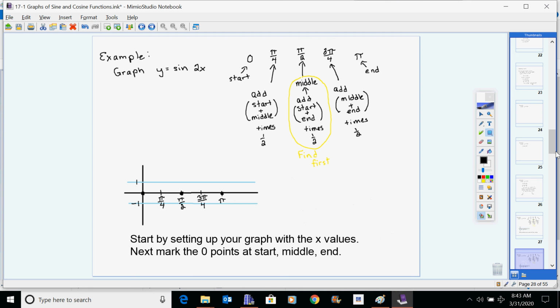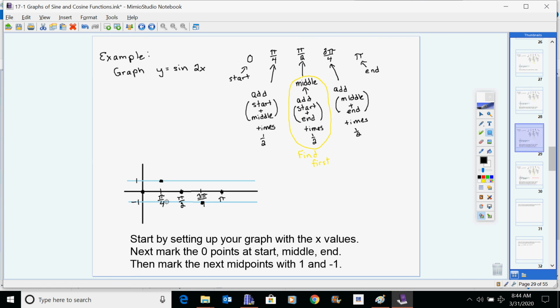Your safest thing is to mark where you know you have the zeros, which is start, middle, end. And then after you've got the start, middle, end, you say, okay, well, sine goes up first and then it goes down. So you've got an up and a down, and then after you have those 5 points, you just sketch in your curve very, very nicely.